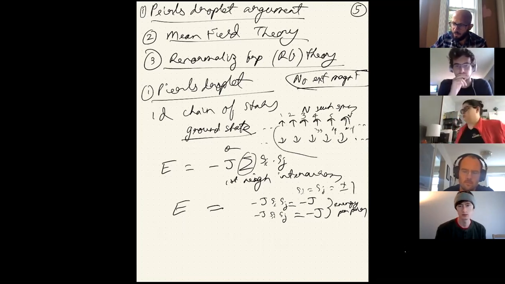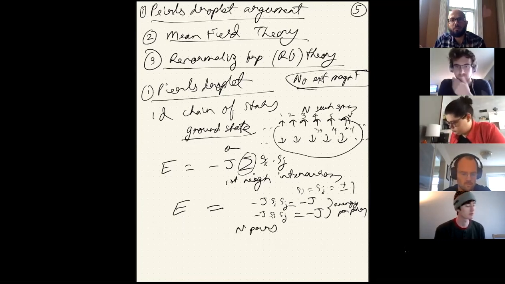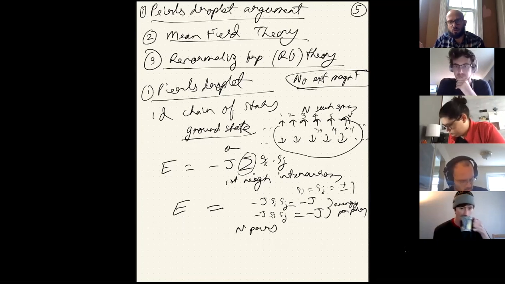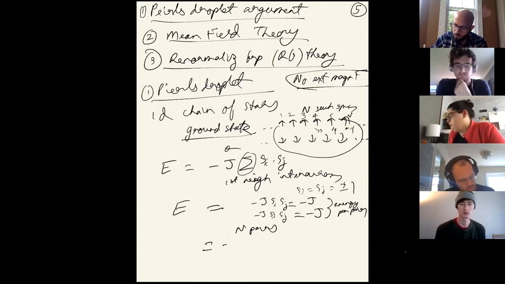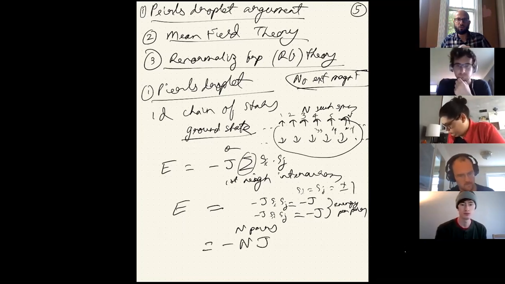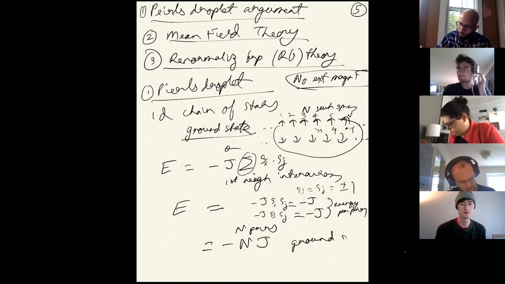But then we are thinking of periodic boundary, so we have n pairs, or something like n-1 pairs even if you did not have periodic boundary. But n and n-1 are very close. For n tending to infinity, there is not a huge difference. So E is equal to -nJ, correct? Thanks, Thomas. Okay, good. So in the ground state, this is the energy.